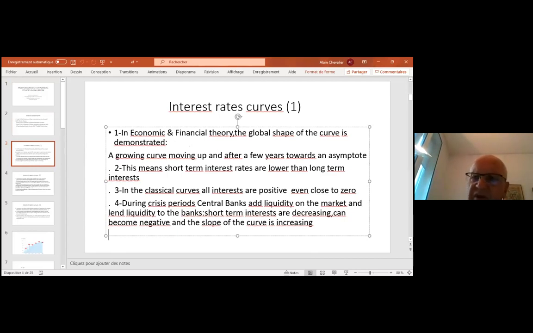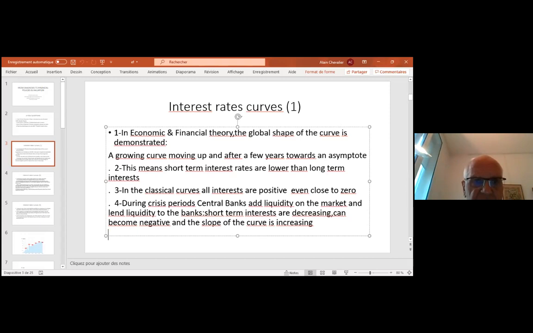First point here: in economic and financial theory, the global shape of a curve is demonstrated. It's not empirically designed, but it is demonstrated. But you can also have a look, and that's what we will do in a few minutes, at different interest rate curves on the market today.